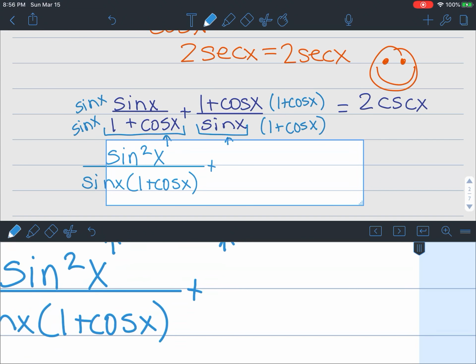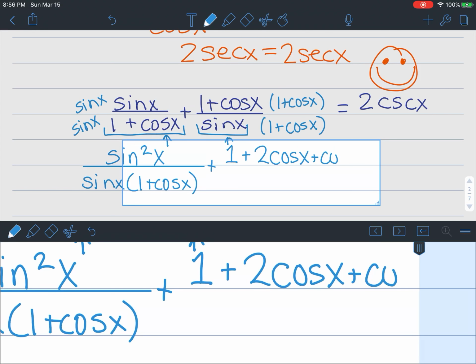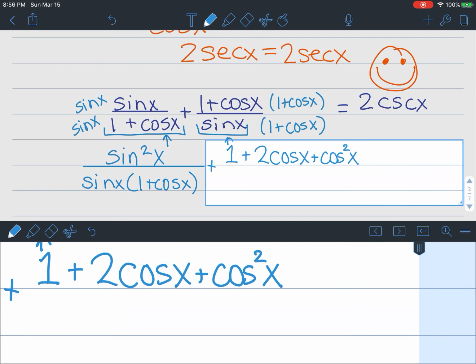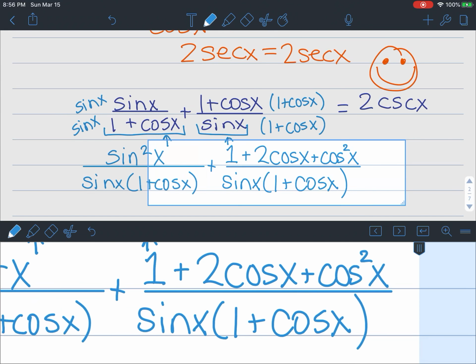Now the second one will have to get FOILed, as we did last time. If you FOIL that, it's 1 plus 2 cosine x plus cosine squared x, all over sine x times 1 plus cosine x.